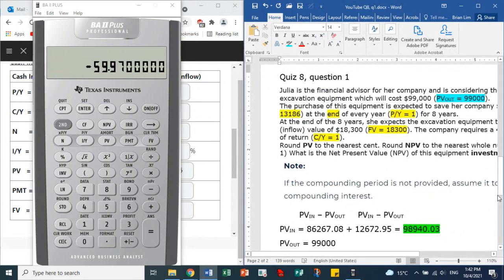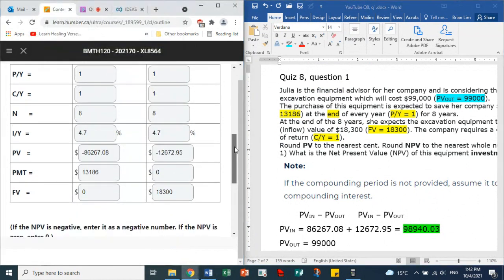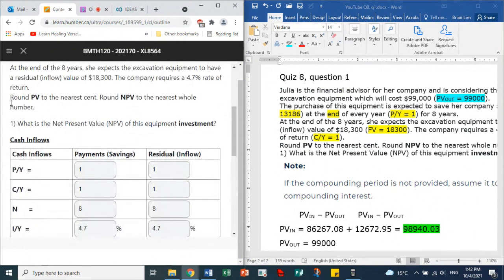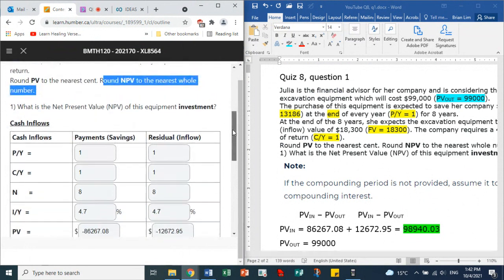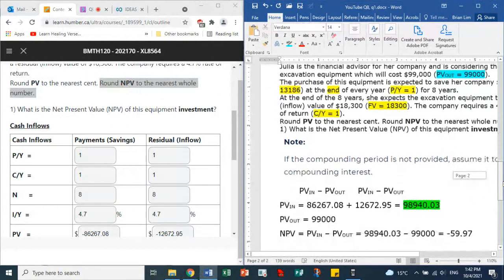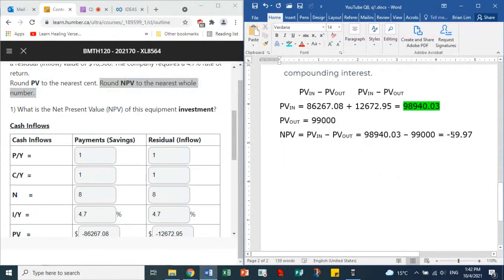Now, if you read the instructions, what does it say? Okay, it's not there, so it's over here. It will say to round present value to the nearest cent and round the net present value to the nearest whole number, or the nearest dollar. So if we follow that instruction, in our case, this number right here will round up to 60.